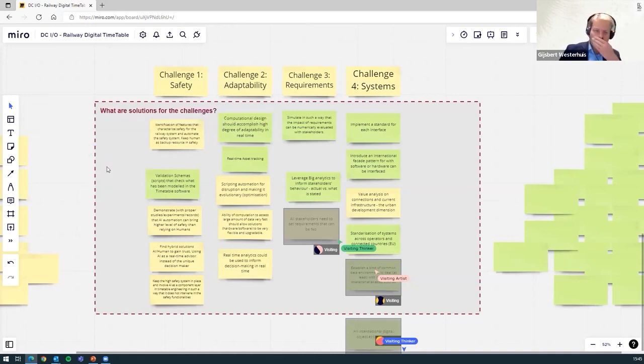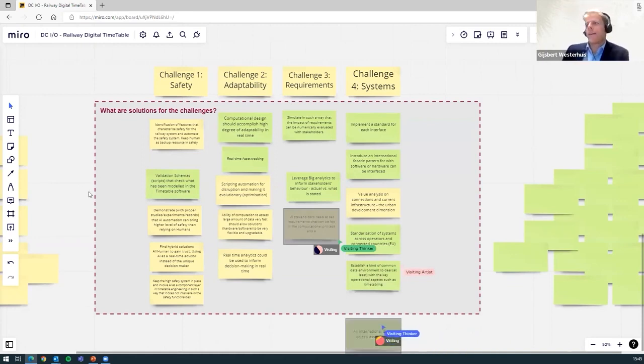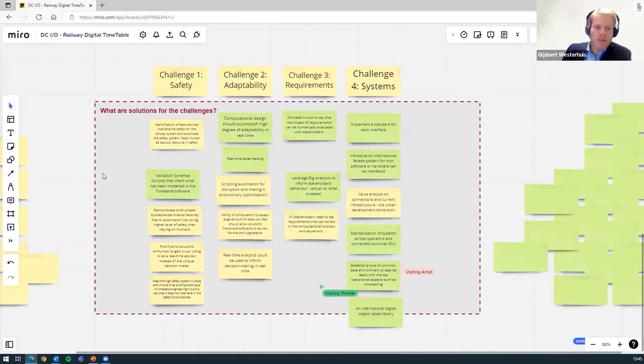All right. Let's review. Is there anybody that wants to go into depth of their solution for one of these challenges or has questions? I think a big thing for safety is demonstration and a way to gain trust.